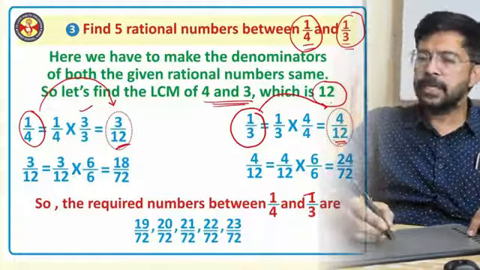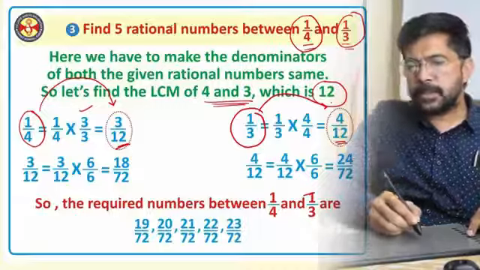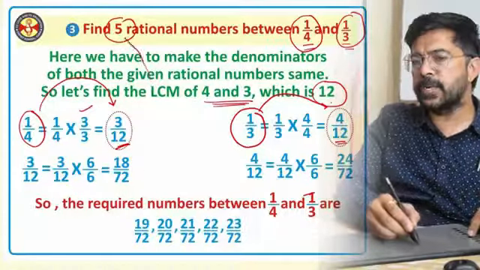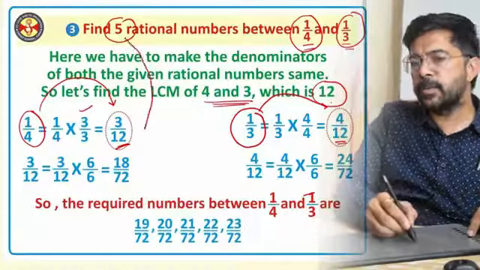Denominators are the same. Then the method is, if we are finding 5 rational numbers, we have to multiply it by 6 upon 6. And the other number also we have to multiply by 6 upon 6. But remember, before multiplying by 6 upon 6, we have to make the denominators the same.